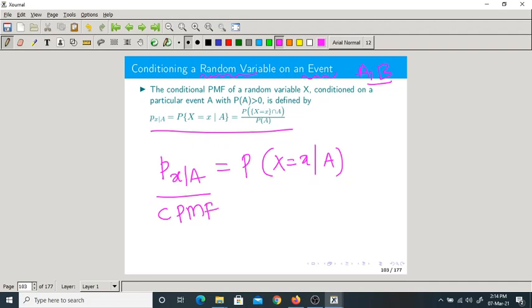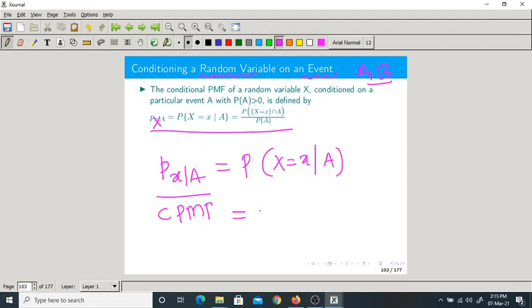CPMF means conditional PMF. So the notations may be a little bit confusing, but the concept is exactly the same. P of x given A. Clear? So I should write capital X. Sorry, I made a mistake here. Capital X equals small x given A.